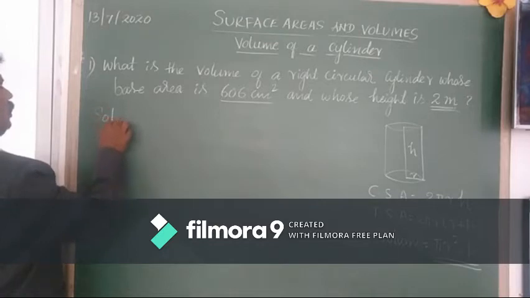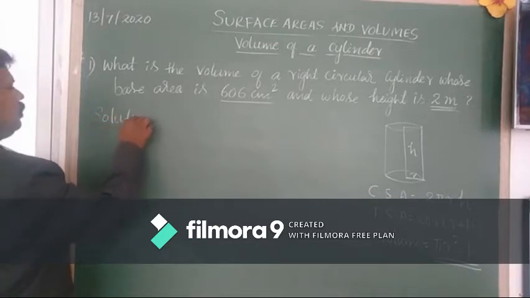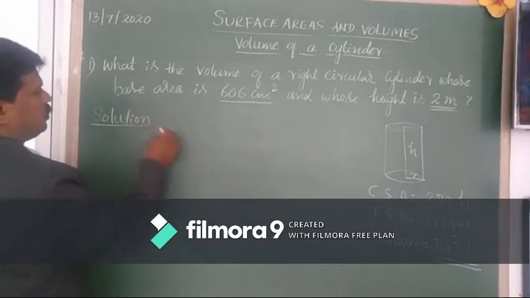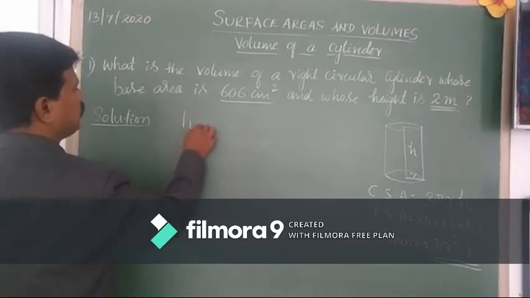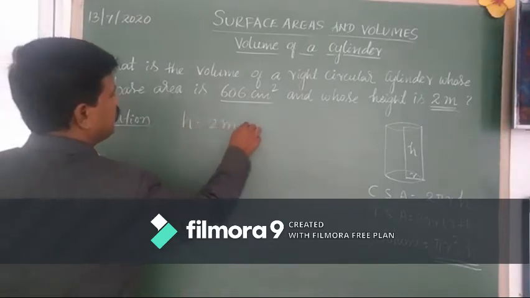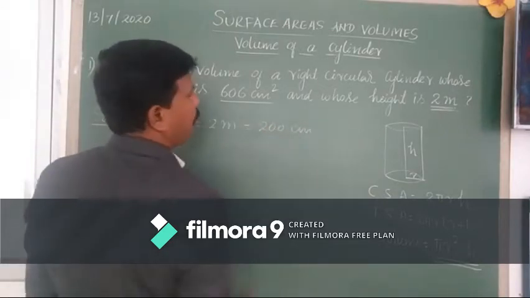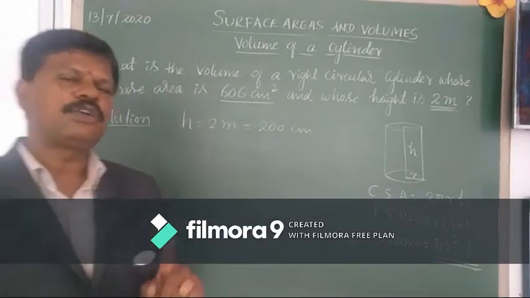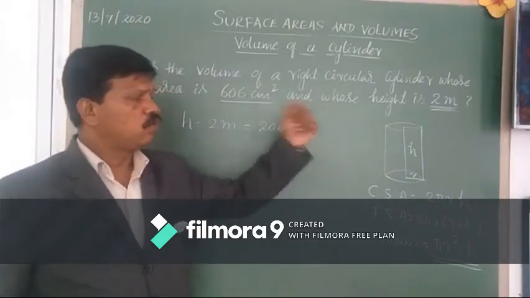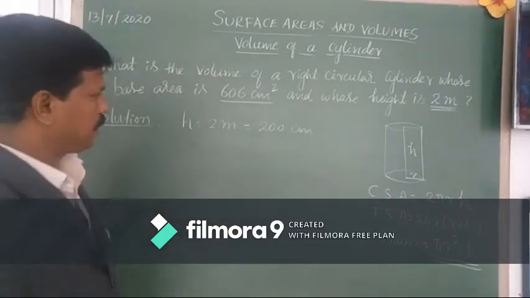Solution. Height h is equal to 2 meter, that is equal to 200 centimeter, because 1 meter is equal to 100 centimeter. So 2 meter becomes 200 centimeter.